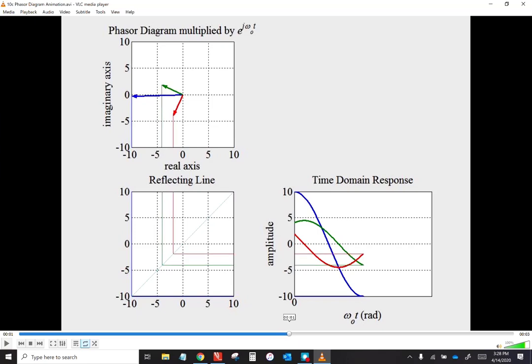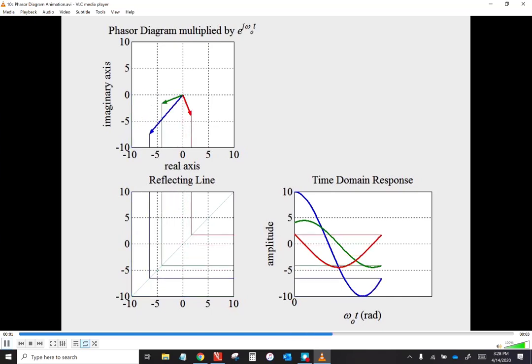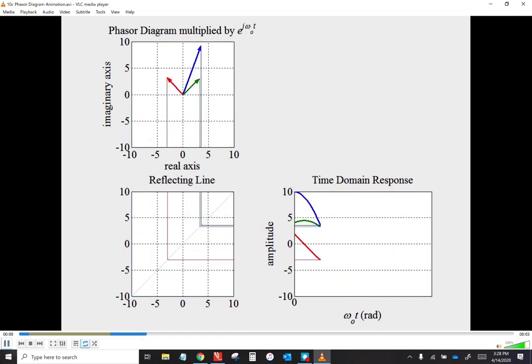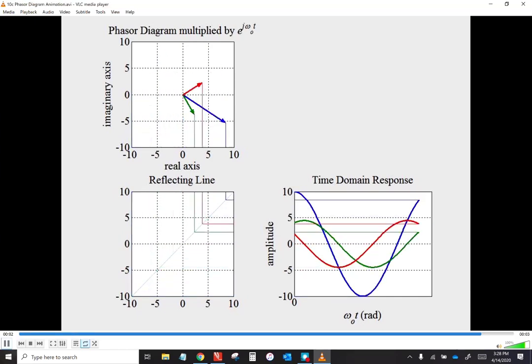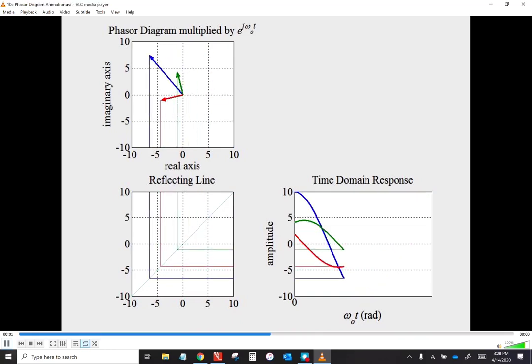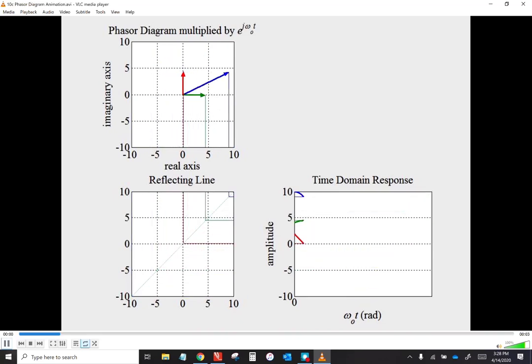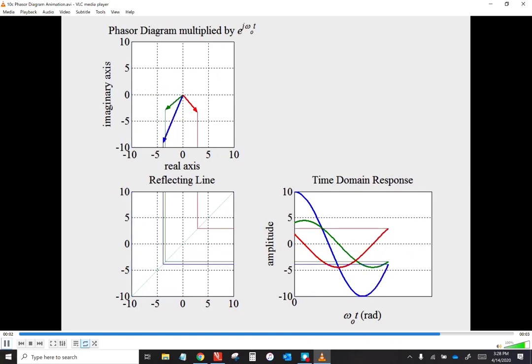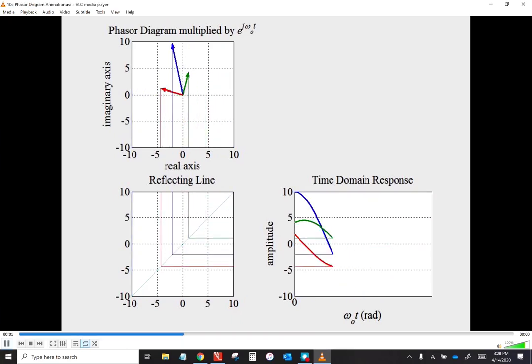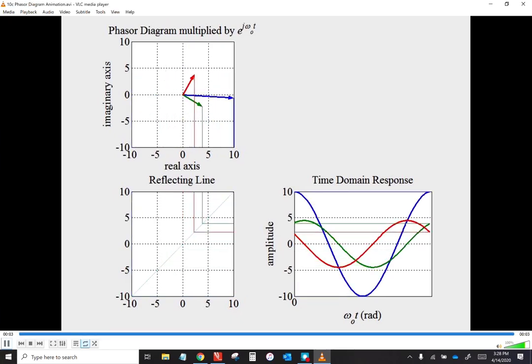It's negative in this example. But once again, the x projection is all the way over, and so we get our maximum amplitude of 10. And so this is the physical relationship between the phasor diagram and the resulting time domain expression of the different voltages and currents in the circuit.